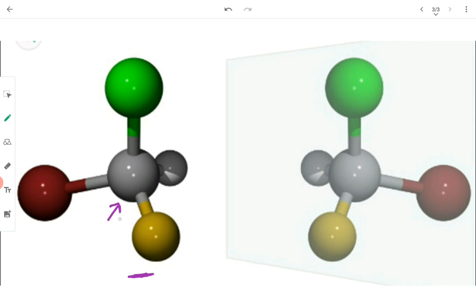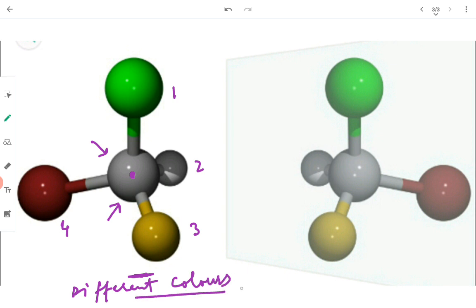The central atom is attached to four groups. This is group number 1, group 2, group 3 and group 4. These are the four groups which are attached to it. So different colors indicate different groups.